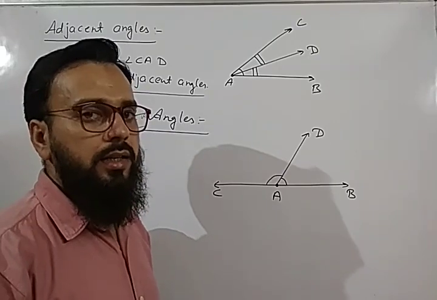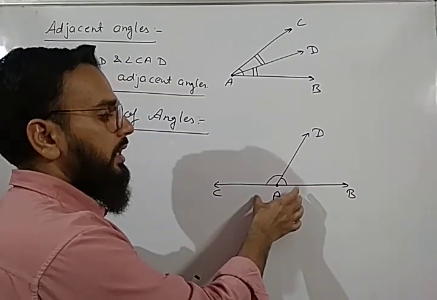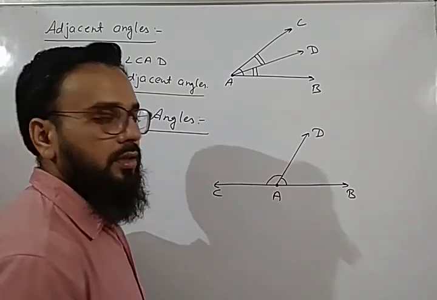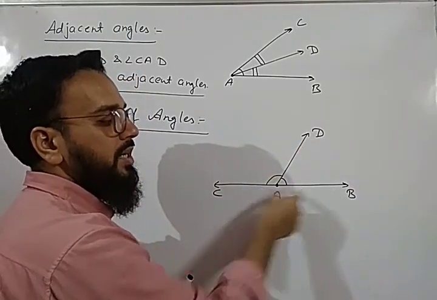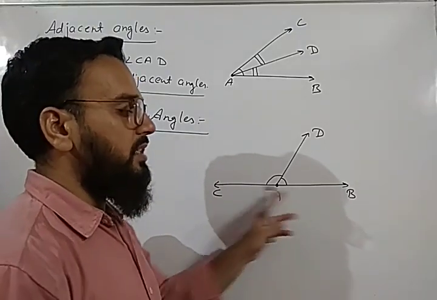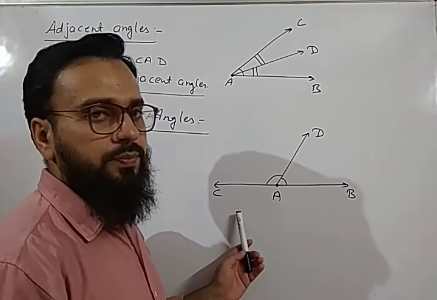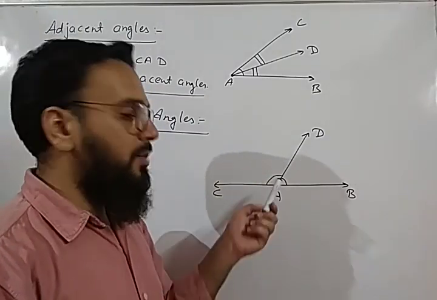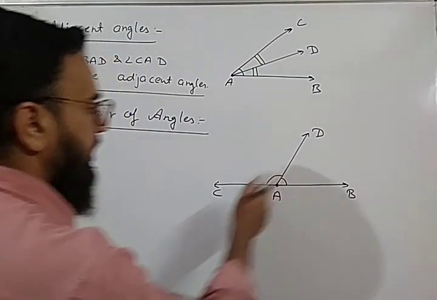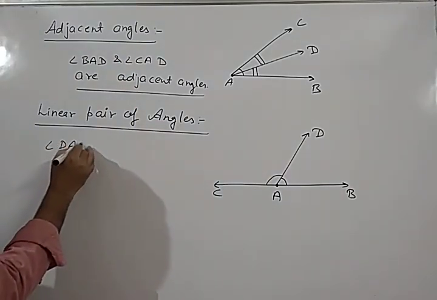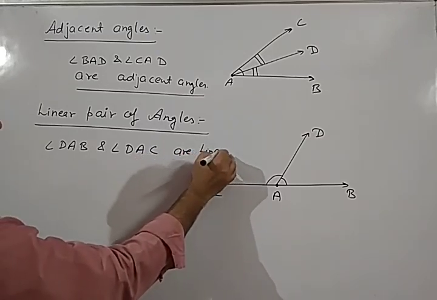These are the two adjacent angles, but when they are formed in such a way that the rays which are not common, because the common ray is AD and the non-common rays are AB and AC, are opposite to each other, then the angles formed are a linear pair. It means angle DAB and angle DAC are called a linear pair.